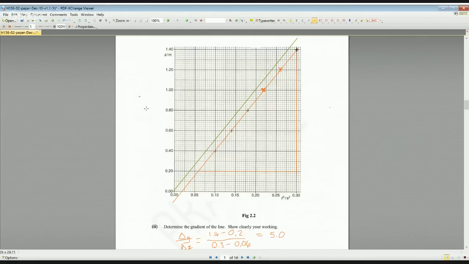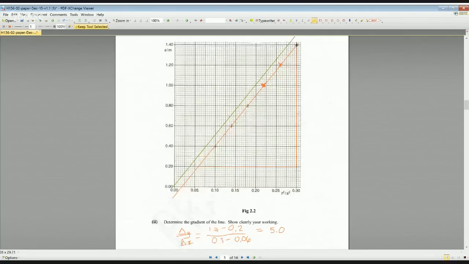Okay, so what we have here is the expected line of best fit, and we can see that all of our points are below that. It's not a random scatter around that. Every single point is the same amount below the line. That suggests a systematic error rather than a random error.